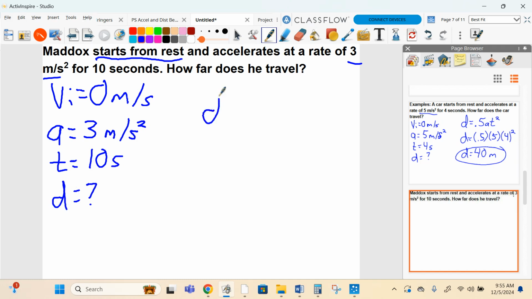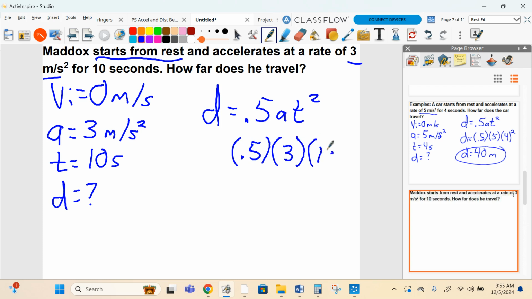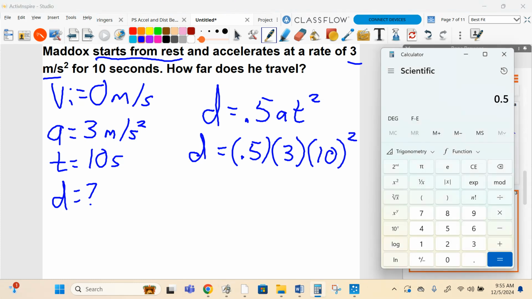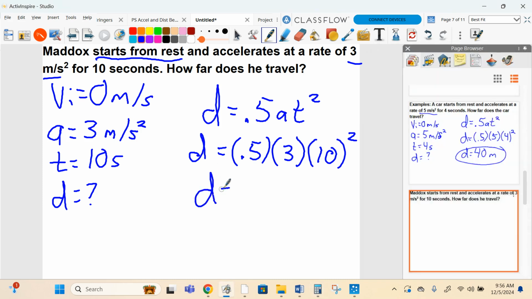No initial velocity. d is 0.5 a t squared. 0.5 stays the same. Acceleration is 3. Time is 10. And I want to type that in my calculator. 0.5 times 3 times 10 squared. d is equal to 150 meters.